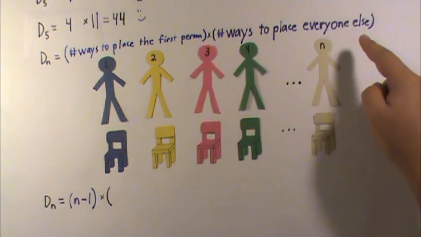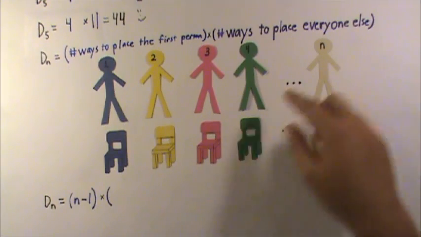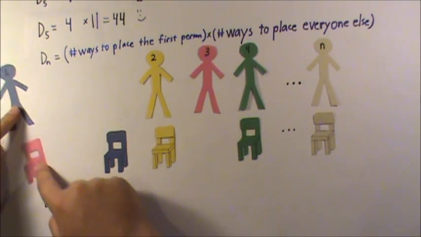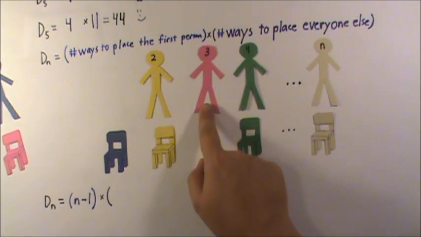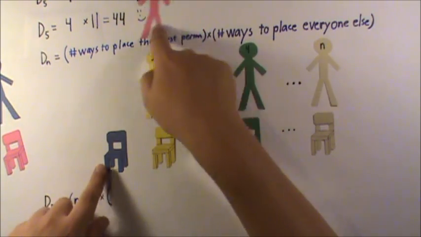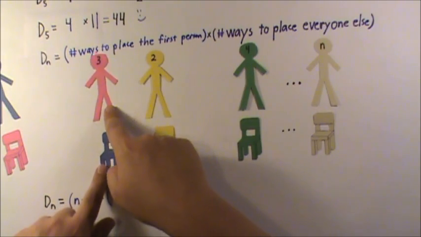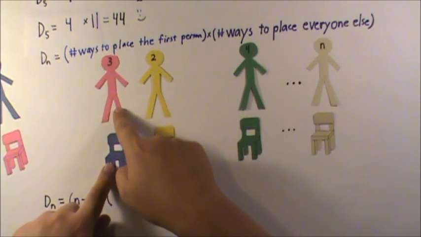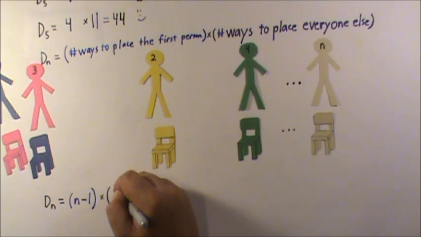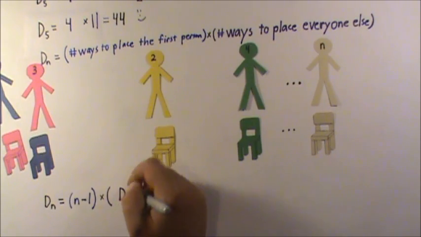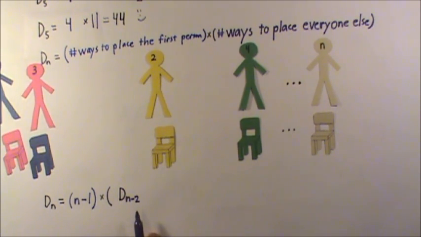And how many ways are there to place everyone else? Well, after the first person has already gone, it's just like last time. The lone guy could either take the lone chair or not take the lone chair. If the lone person takes the lone chair, then there are D(n minus 2) arrangements.